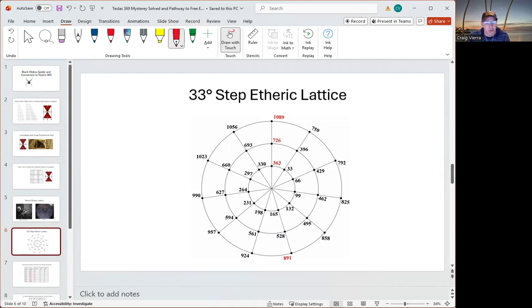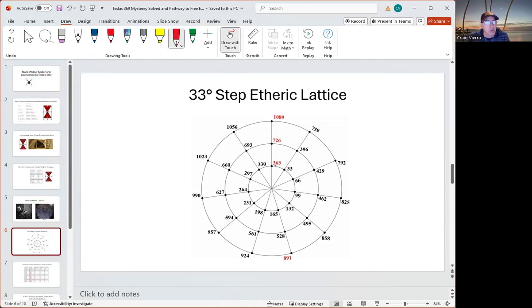And so as you see this, as we go around, we go to 33, then we go to 66, and then we go to 99. So there's 11 of these radial lines, each one in increments of 33. So 33, 66, 99, 132, 165, 198, 231, 264, 297, 330, and back to 363 degrees.